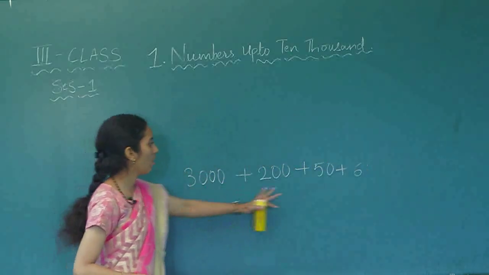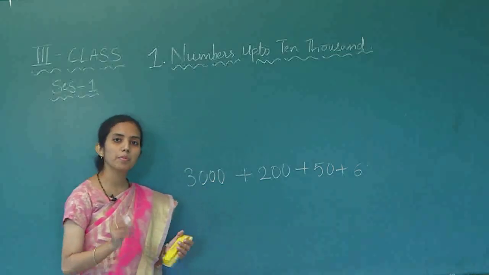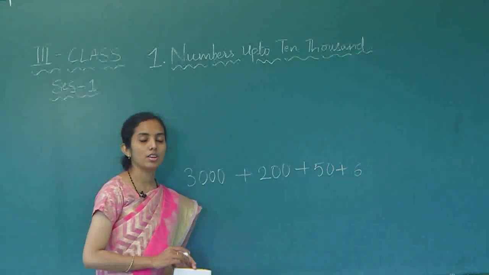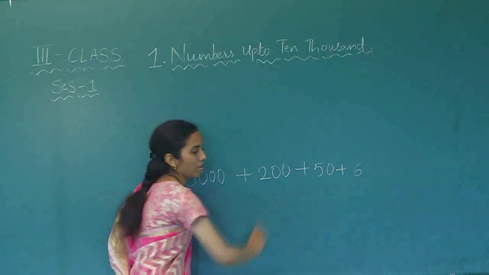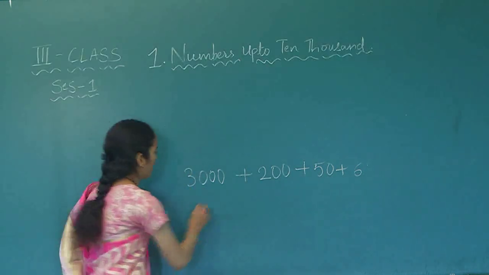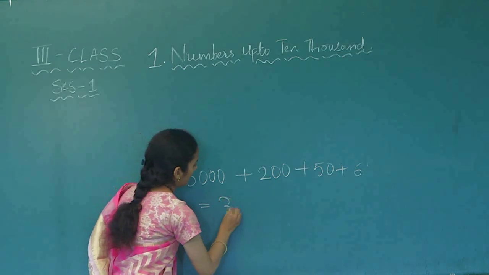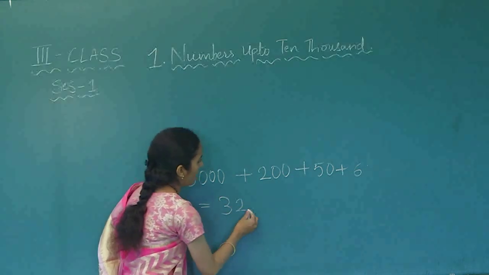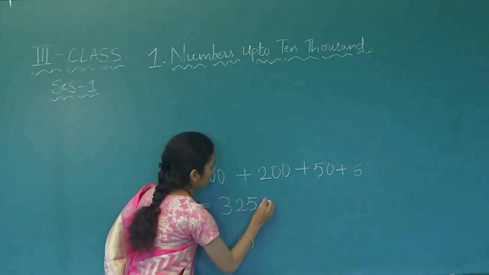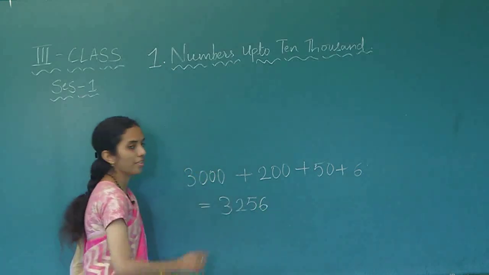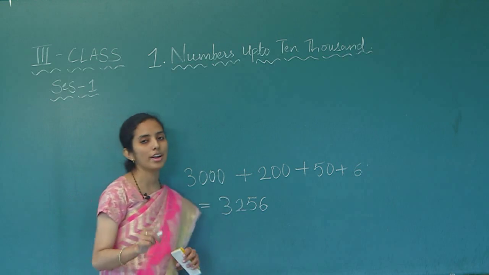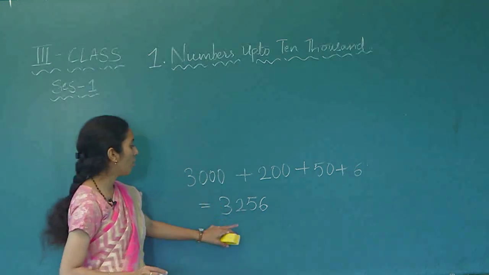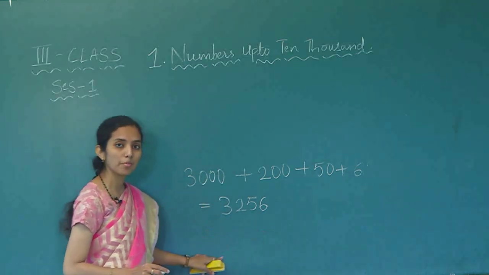So this is how he has given us the representation in the boxes. So now what do we have to do? If we add these numbers, what do we get? We get 3,256.